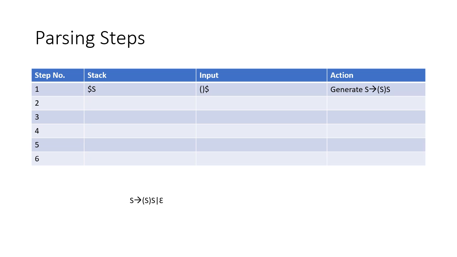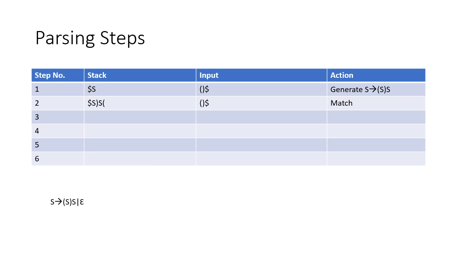So our alpha is what? Alpha is opening parenthesis S closing parenthesis S. So we are going to replace this S at the top of the stack with opening parenthesis S closing parenthesis S. And remember, this is a stack. So the items are going to be pushed in from right to left.